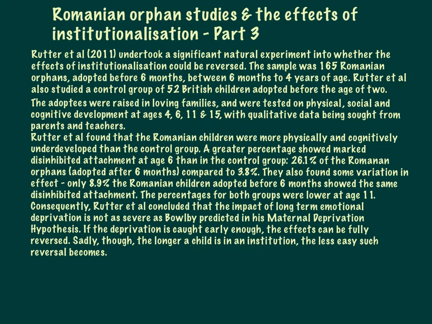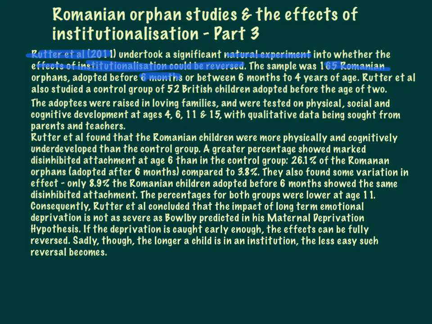So if you look through this, you'll see the kind of things that are picking up marks. Rutter et al. 2011 took a significant natural experiment into whether the effects of institutionalisation could be reversed, so we've got the aim in there. The sample was 165 Romanian orphans adopted before 6 months, or between 6 months to 4 years of age.